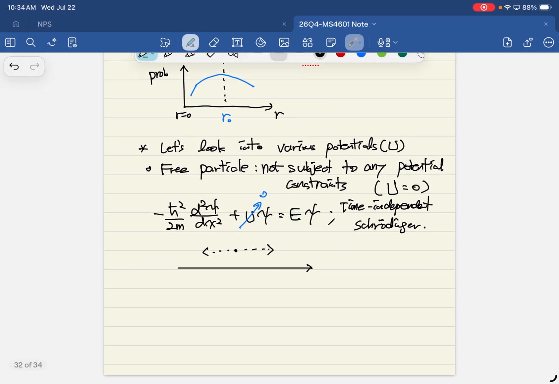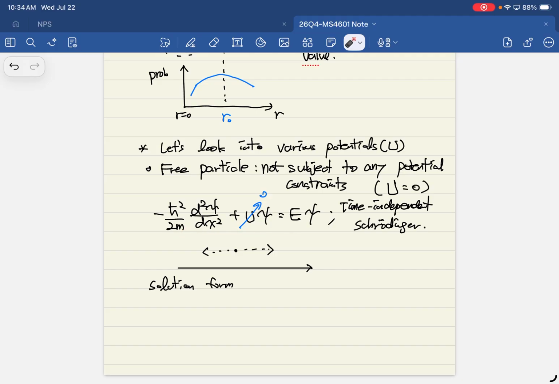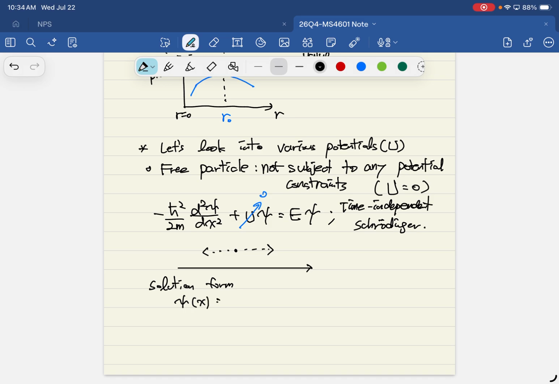So what is the solution form? For this second order ODE, it is essentially cosine, sine, or exponential. So the solution form is this one: a exponential minus ikx plus b exponential ikx.